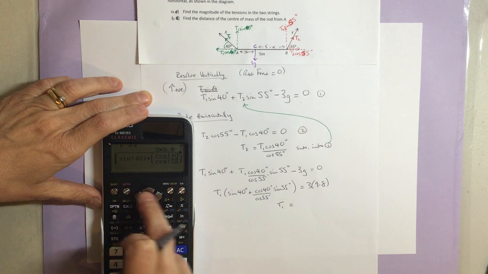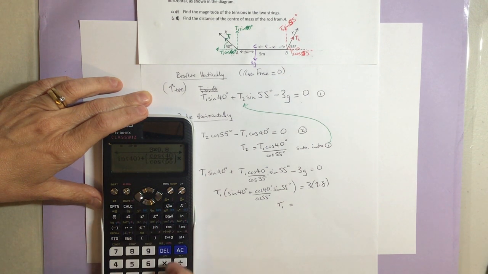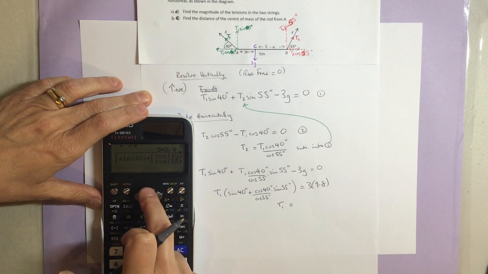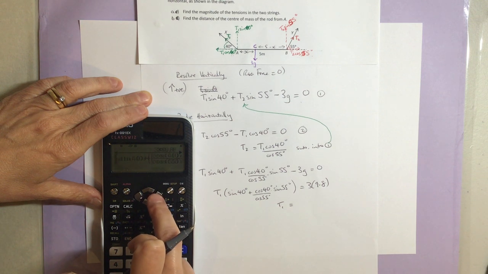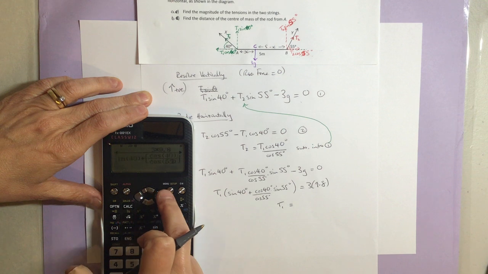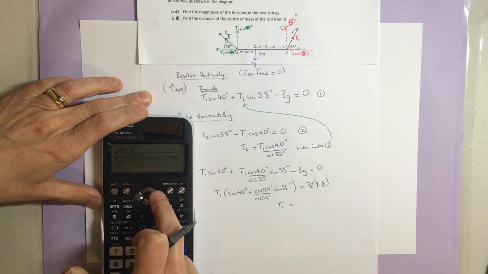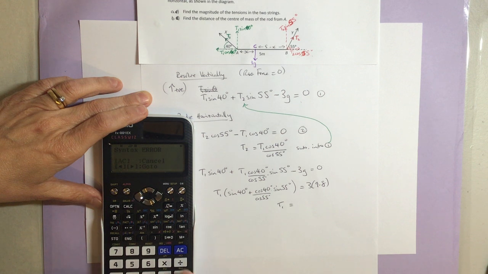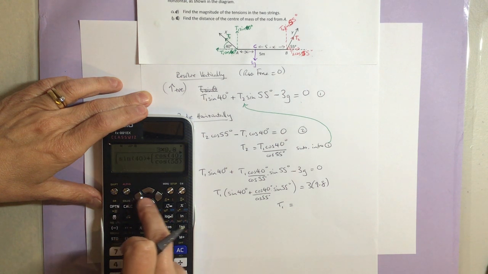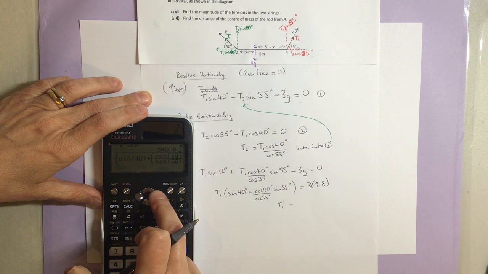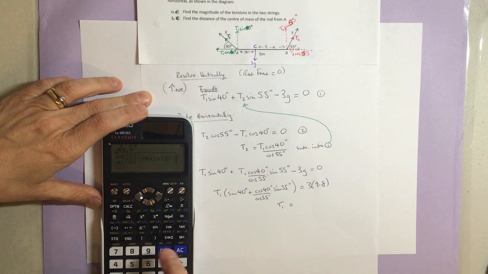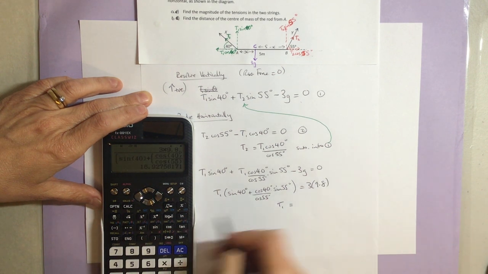I think I'm missing some brackets, so let's put them in. Okay, what am I doing wrong? 3 times that over sine 40 plus cos 40 over cos 55 times sine 55. What's a big bracket there? Found it? Okay.